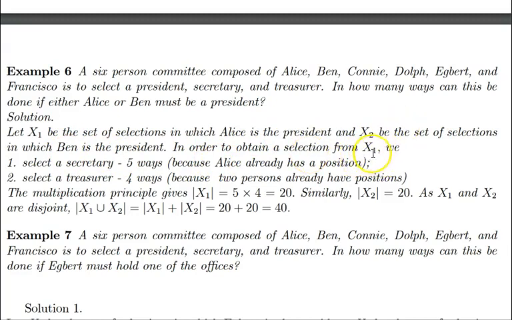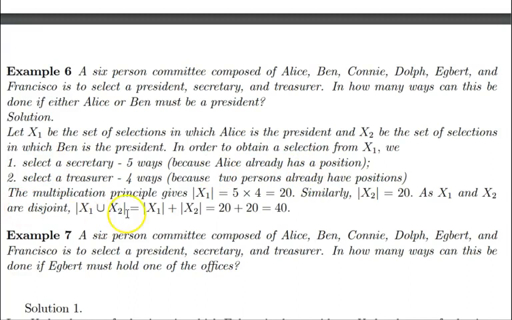To count the selections in X1, we perform 2 steps. First, select a secretary. There are 5 ways to do that because Alice already has a position, the president. And then perform step 2, select a treasurer. 4 ways here to do that because 2 persons now already have positions.